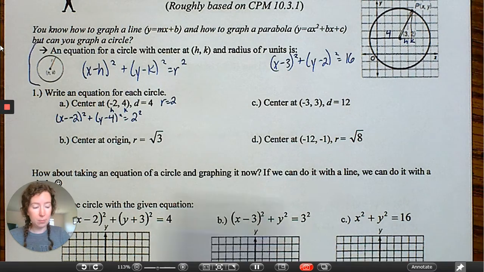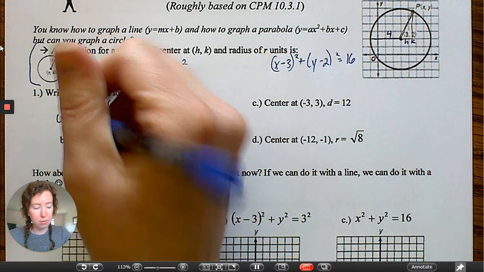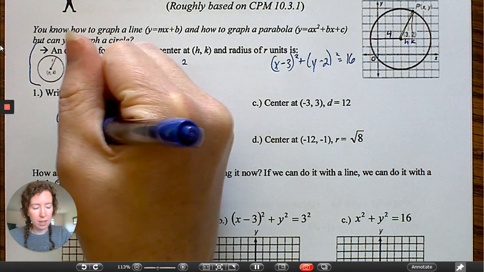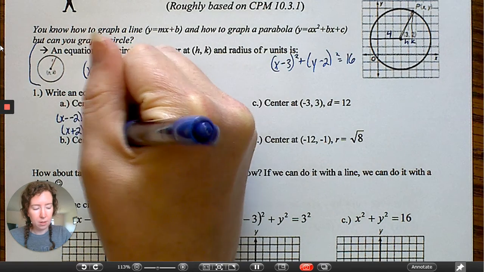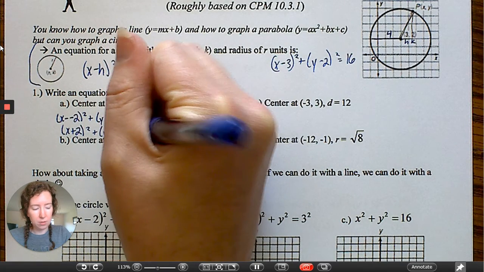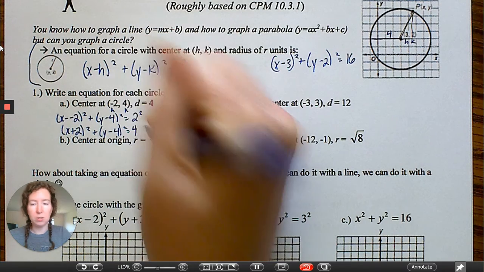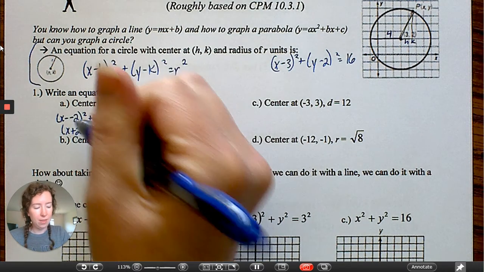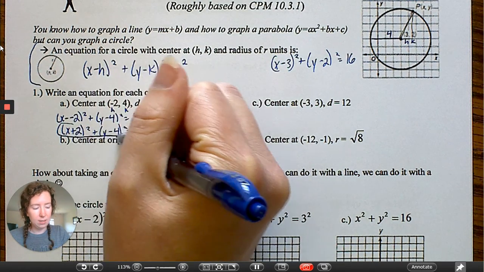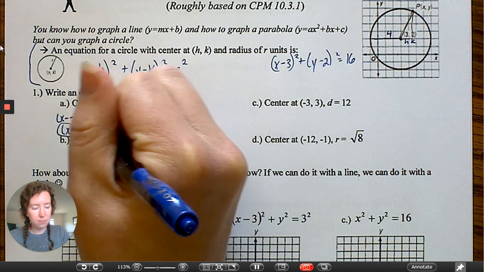The only thing I'm going to simplify is if there's a double negative, I'm going to turn that into a positive. So it's really x plus 2 squared, plus y minus 4 squared, equals, and 2 squared is 4. And that is our equation.